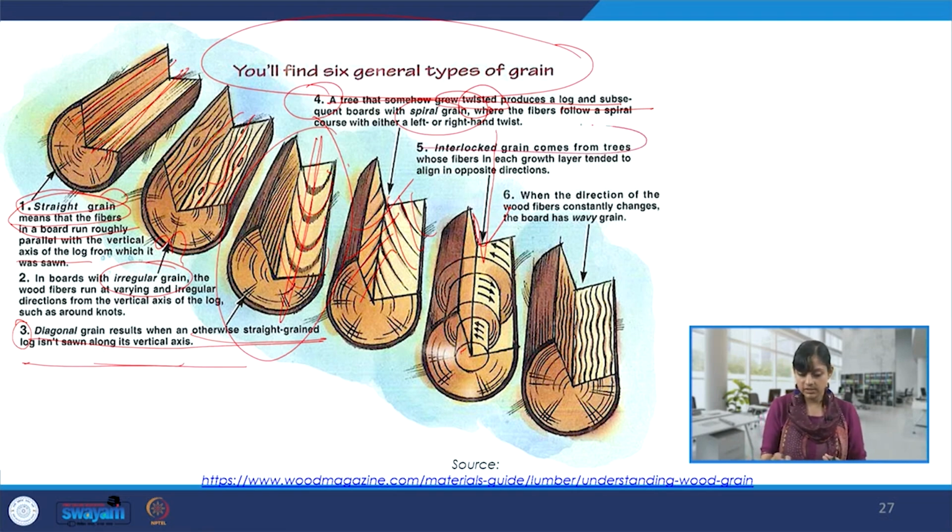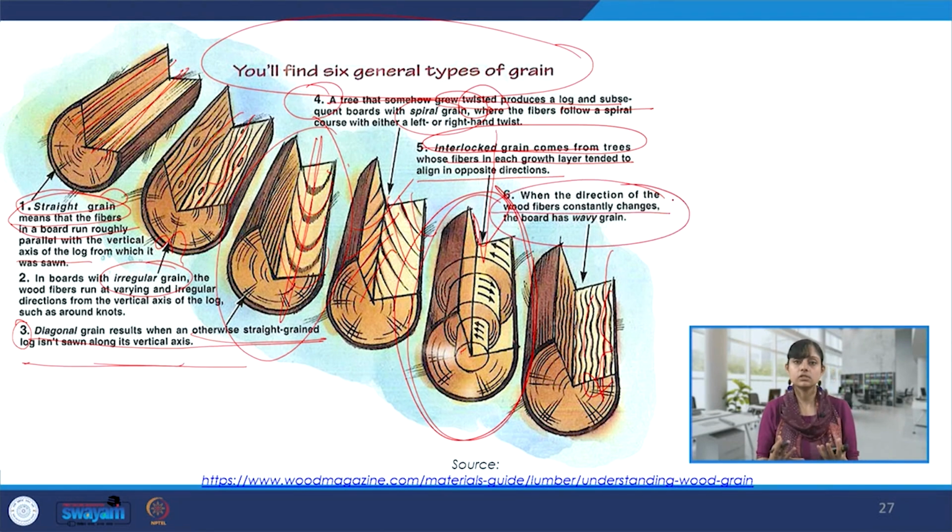Here we have this interlocked grain, which comes from trees whose fibers in each growth layer tend to align in opposite directions. So this kind of grain is also possible in naturally occurring timber. And this is a wavy grain. When the direction of the wood fibers constantly changes, the board has this kind of wavy grain.